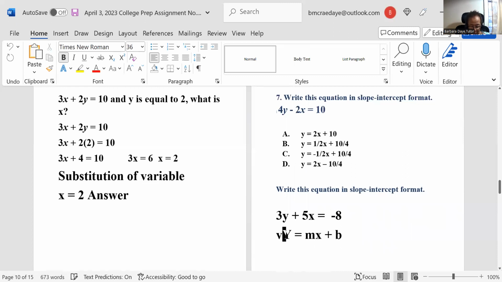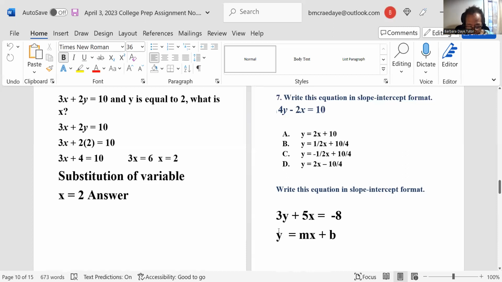On the left side, you should just have y. And on the right side, you should have the slope in front of the x and then plus the b.